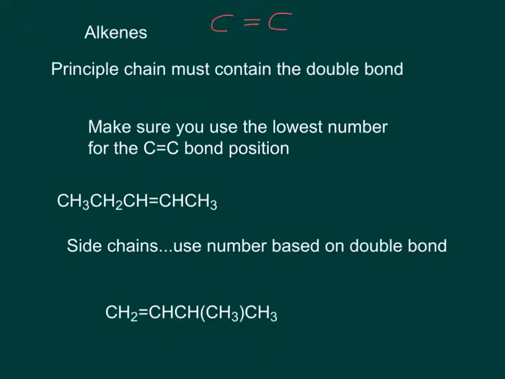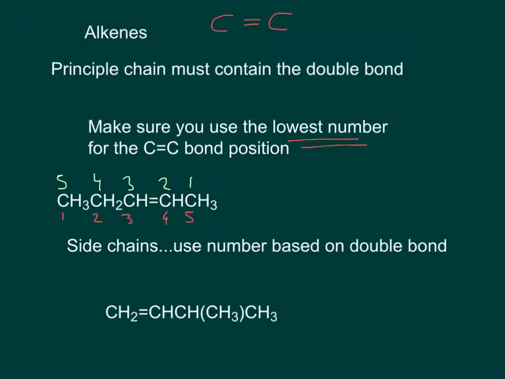You then number it, making sure to show the position of the carbon-carbon double bond using the lowest number possible. So, for example, for this one, you can see I have got 1, 2, 3, 4, 5 carbons. However, if I start from this end, I've got, again, obviously the 5.